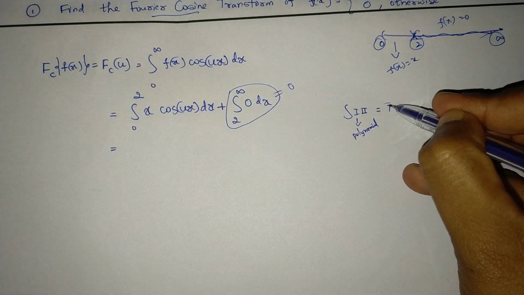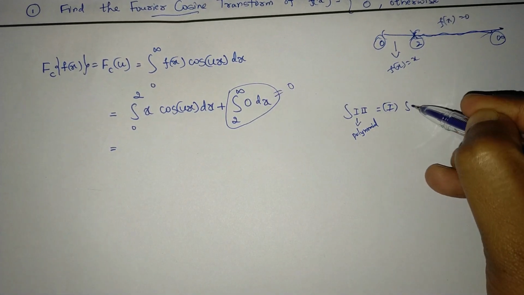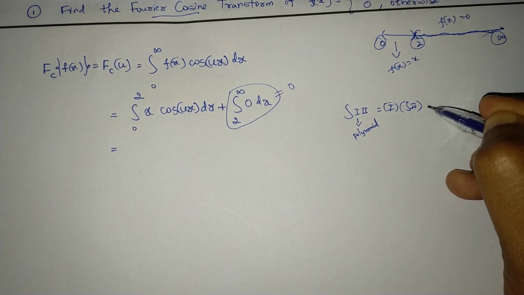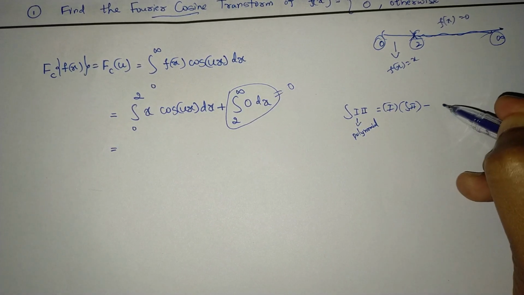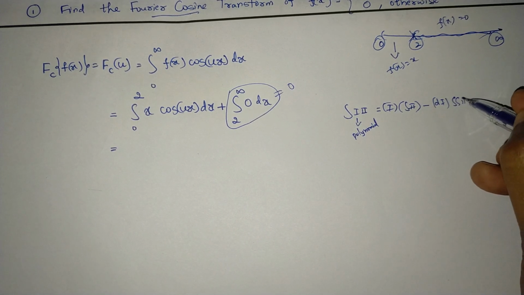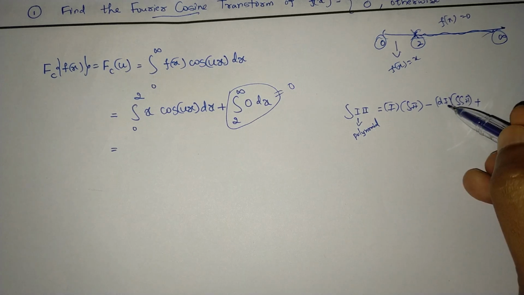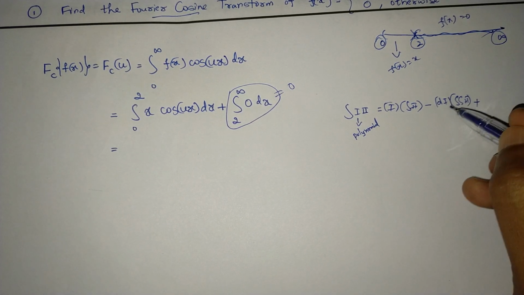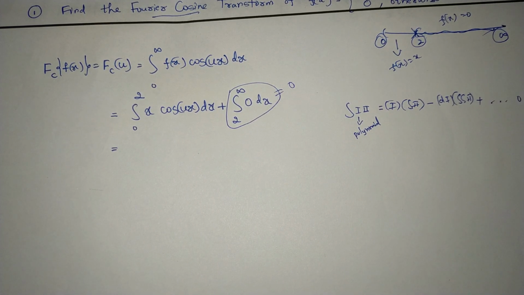According to that, we write the first function as it is, and integrate the second function, with alternating sign minus. Again we differentiate the first function and integrate the second function, again with alternating sign, until we get 0.